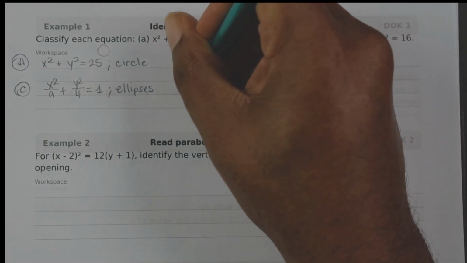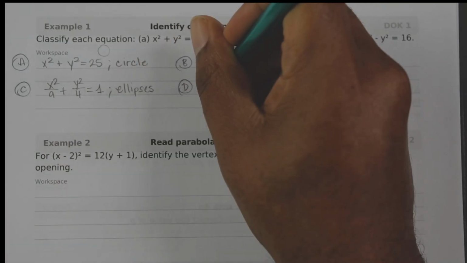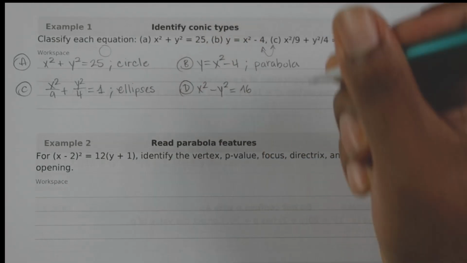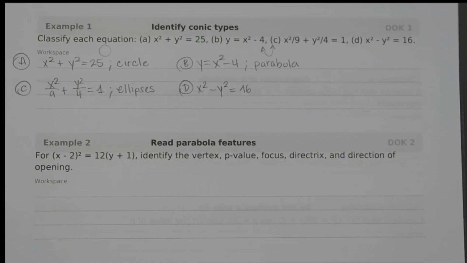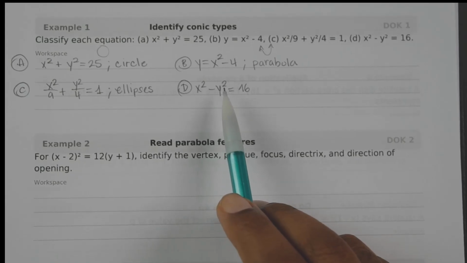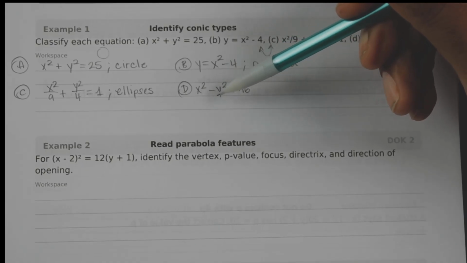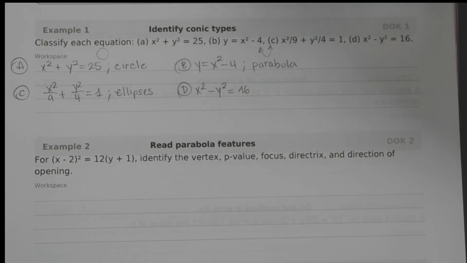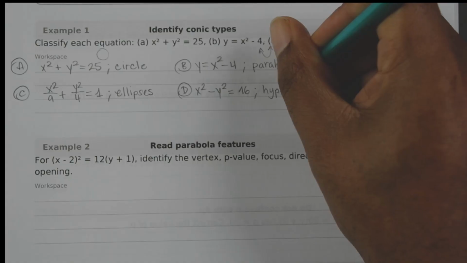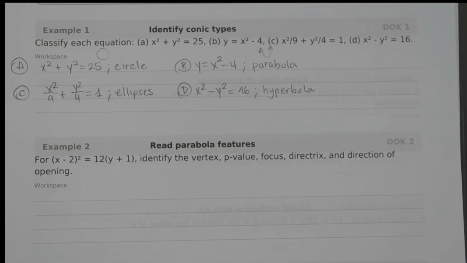And then finally, part D: x squared minus y squared equals 16. Again, both variables are squared, but the terms are subtracted, not added. Since the terms are subtracted, this would be a hyperbola. That would be the conic section.